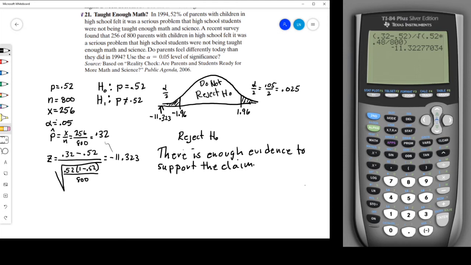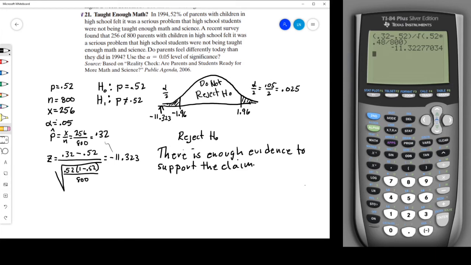Now, this is dramatic enough. The difference is dramatic enough that I can not only say that they feel differently, I can say that the attitudes have changed in that fewer parents feel that students are not being taught enough math and science.